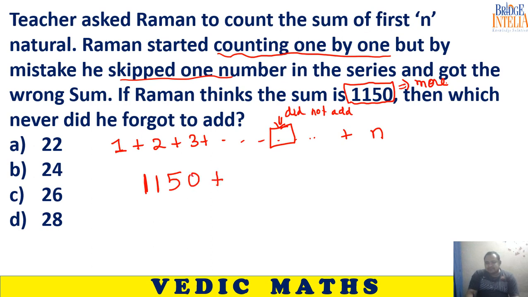Let the missing number be equal to a. So let's suppose he forgot to add a. The question says find out the value of that a. It looks like it is impossible to find, but if you think logically, you will realize that there is a solution. Now let us see how you can answer this question.